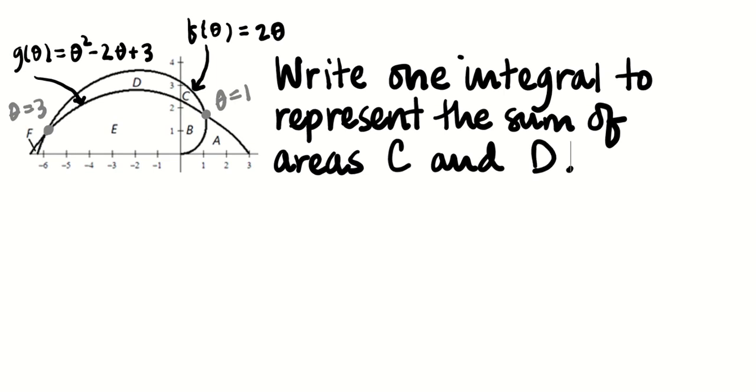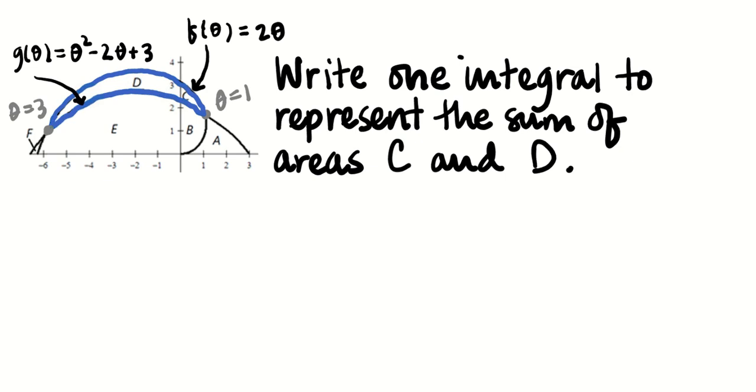Now, I know I didn't ask this one on the official worksheet, but this is just as good of a question, right? One integral to represent the sum of areas C and D. And we can do that, right? Because what we really want is that whole area.